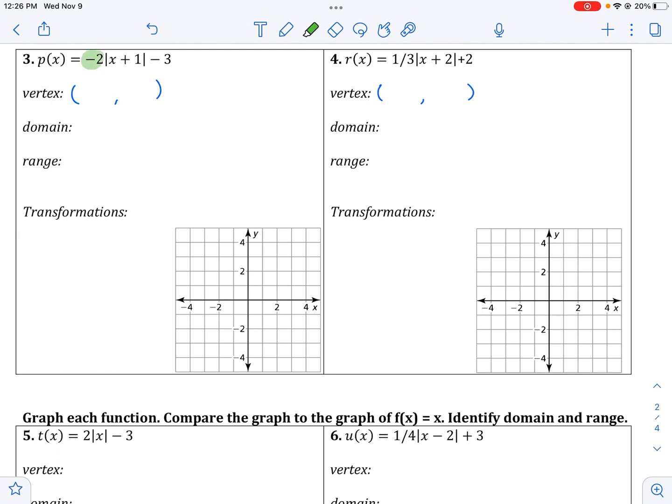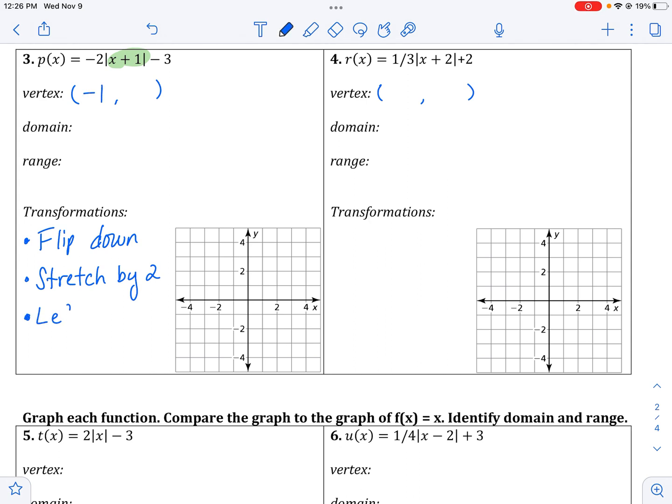Okay, now number 3, I've got an a value of negative 2. Well, if a is negative, I know that flips it down. If it's 2, that's bigger than 1, so it's going to stretch by 2. It's going to be twice as tall. Okay, that's just the a value. Now the h value, I see plus 1, but I think negative 1.